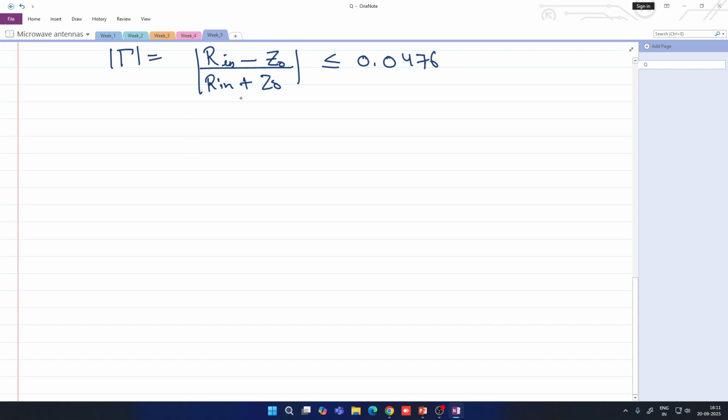And Z0 we already know is fixed, it has to be 300 ohms. But now we want to find the minimum value of R in, so that we can have this VSWR less than 1.1. So the modulus of R in minus 300 ohms divided by R in plus 300 ohms has to be less than or equal to 0.0476.